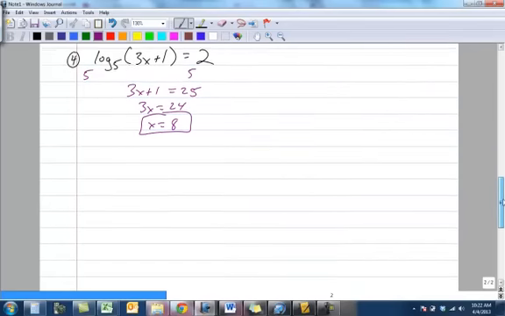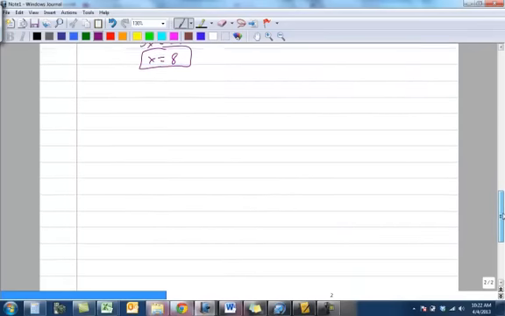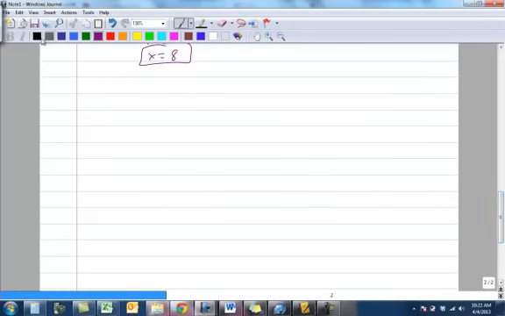One more. Number 5, right? Log base 4 of 5x minus 11 equals log base 4 of 3 minus 2x. So this is kind of like that first one, right?